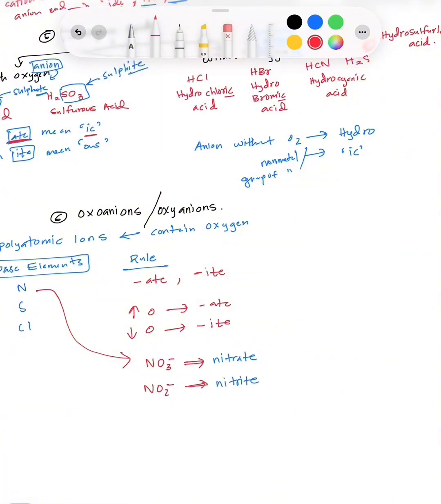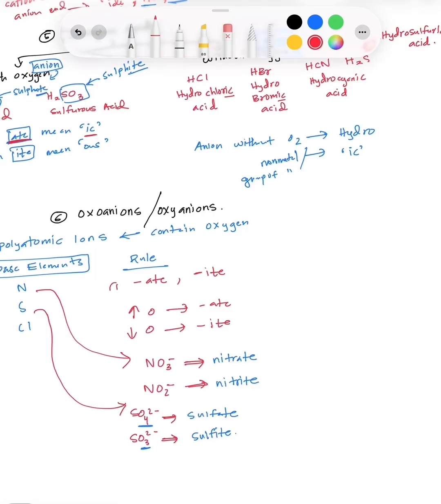Likewise, if I take the sulfur series, SO4 2 minus and SO3 2 minus, here this one has more oxygen, so this will end in -ate, sulfate. This has less oxygen, so it ends in -ite, sulfite. This is rule number 1, that is -ate, -ite.